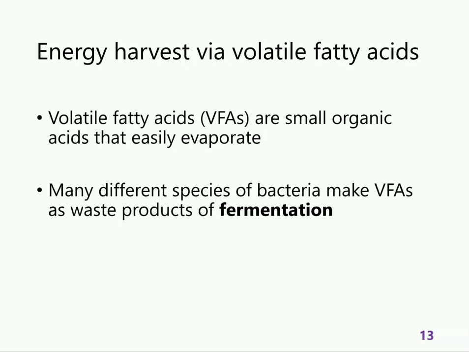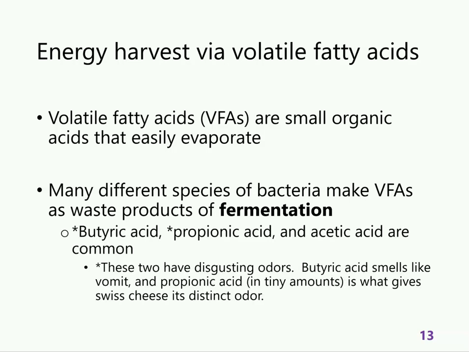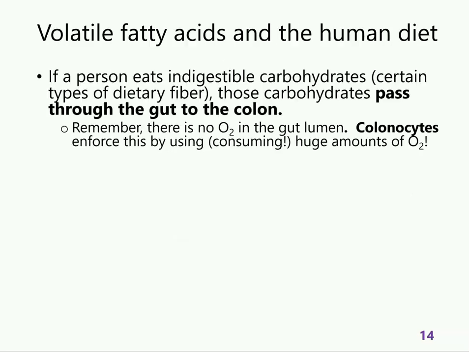There are a lot of different microorganisms that make volatile fatty acids as a byproduct of fermentation when there's no oxygen. These fatty acids include butyric acid, which smells like vomit, propionic acid, which flavors Swiss cheese, and acetic acid, which is vinegar. These are all common products of bacterial fermentation.